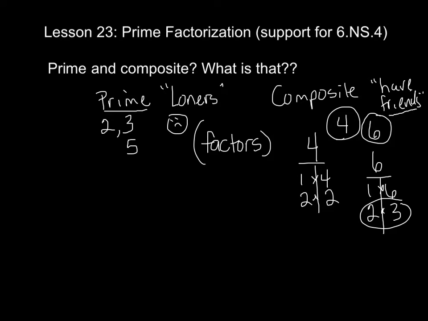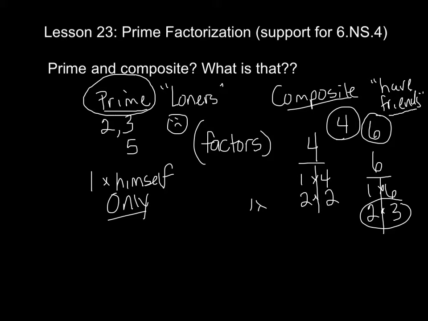And so you can go on and on. Any number that is a loner that only has 1 times himself is prime. Any number that has 1 times himself and other friends is composite.